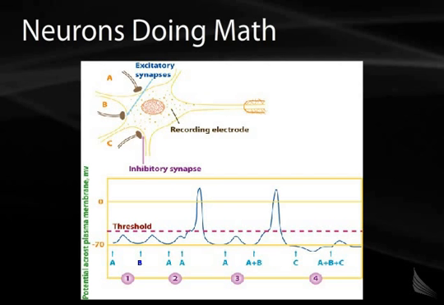But the incorporation of C subtracts away that potential, and you no longer have the ability to fire the action potential. So in this way, the neuron is essentially summing the activity across all of these synapses to come up with ultimately a decision point made at the axon hillock as to whether or not this cell is going to fire or not fire an action potential.